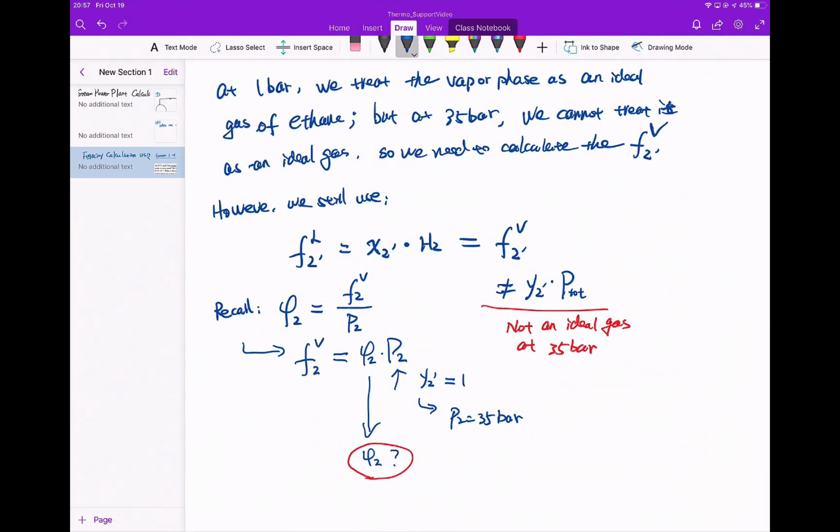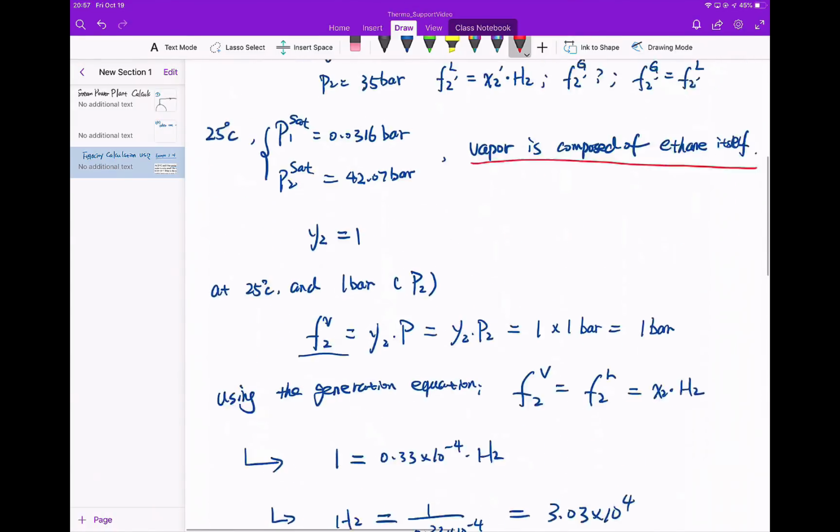But if we want to complete this equation, then this would be my phi2 times P2. Okay, this is known. That is calculated just now. In order to figure out x2 prime, the new solubility, then we need to calculate the fugacity coefficient at this higher pressure.